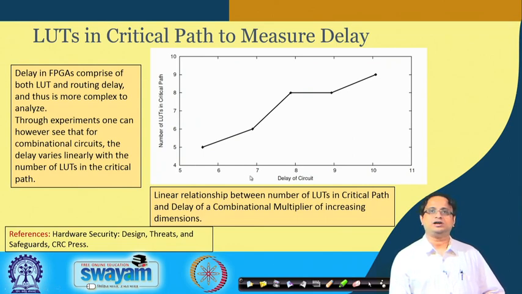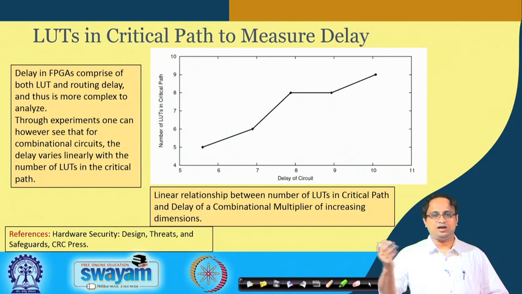For this combinational design, if we start increasing the dimension of the multiplier and plot the delay against the number of lookup tables in the critical path, we see a more or less linear relationship. Therefore, we can pretty much accurately predict the delay, or at least understand its trend, by giving an estimate of the number of lookup tables which lie in the critical path of my design.